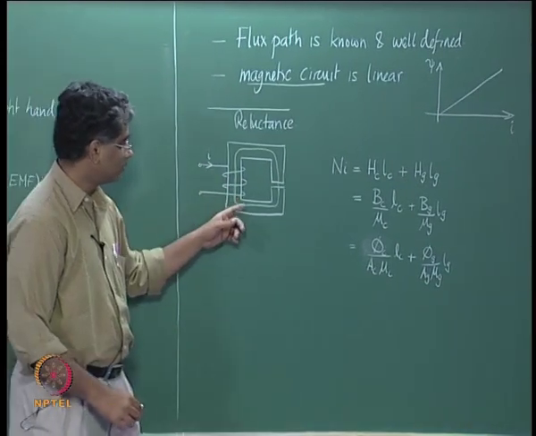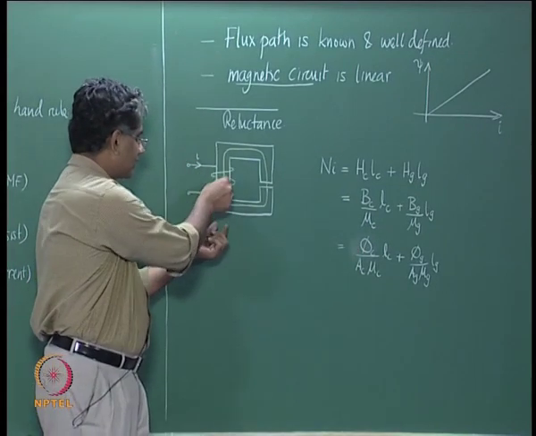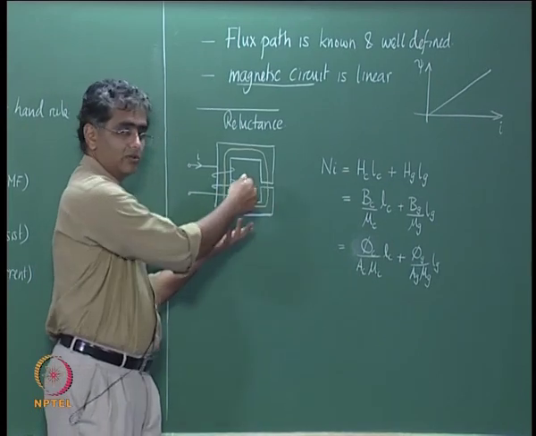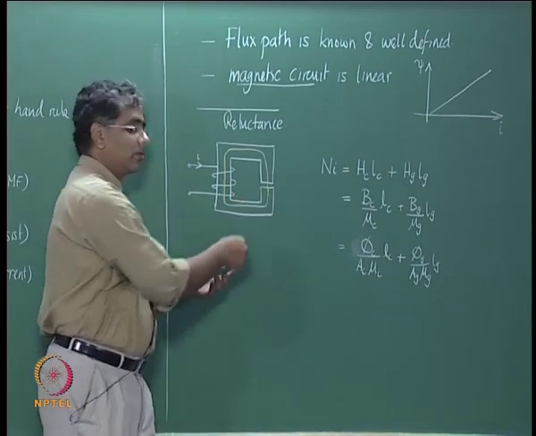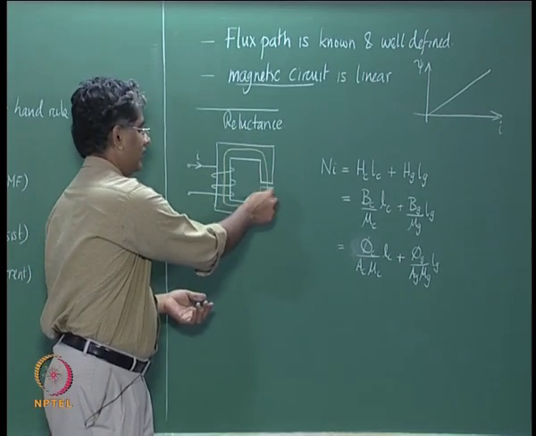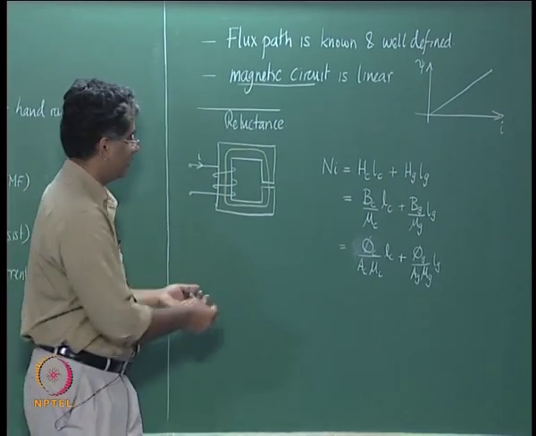But you now see that all the flux lines that are flowing in this core have to flow through this air gap, there is no other way, or we assume that there is no other way. Very little flux may cross somewhere here or somewhere there, but such flux would be negligible.